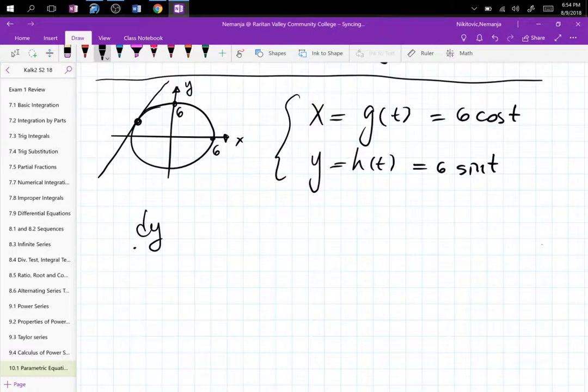What is dy/dx? Well, wouldn't that just be dy/dt divided by dx/dt? Because simply by multiplying by dt top and bottom, which is actually 1, because dt over dt is 1, you will just get dy over dx.